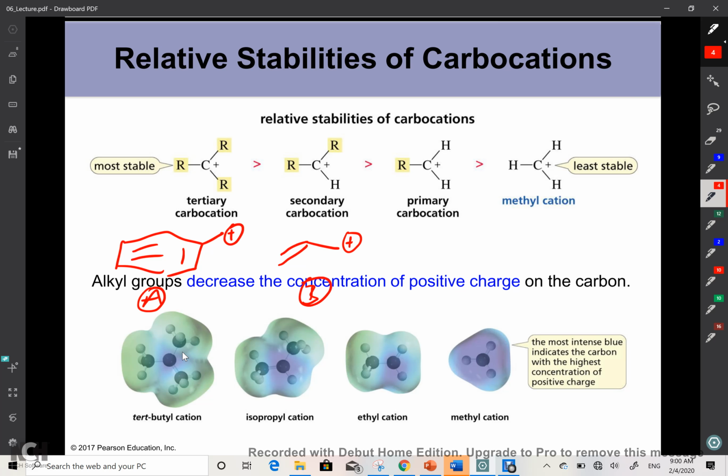A is more stable, right? A is called the benzylic carbocation, and B is called the allylic carbocation, just as we say allylic radical. So the benzylic carbocation is more stable.